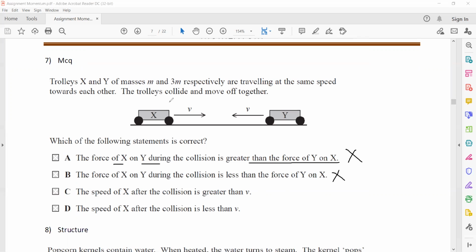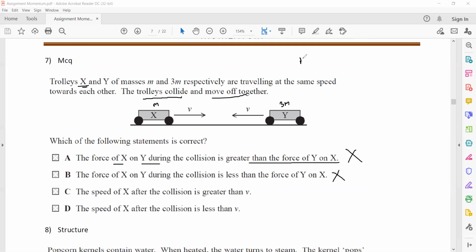So as you can see, the mass of X is m and the mass of Y is 3m. So when we work out their speeds after collision, because they mention the trolleys collide and move off together, the final speed will be the same.